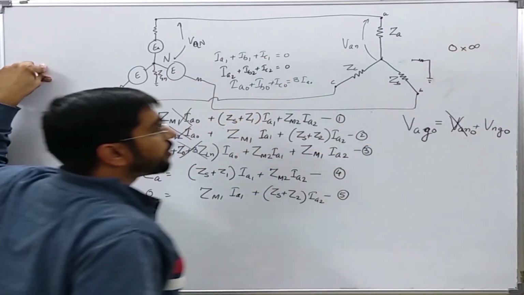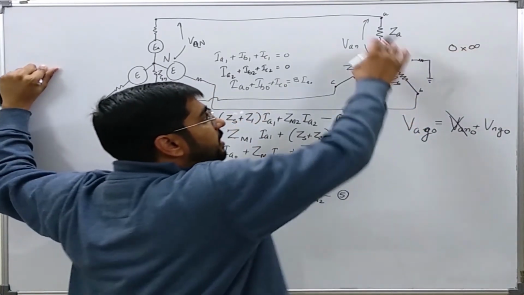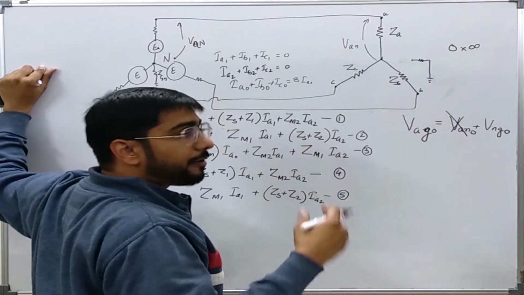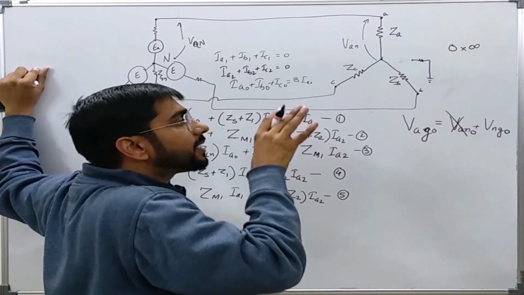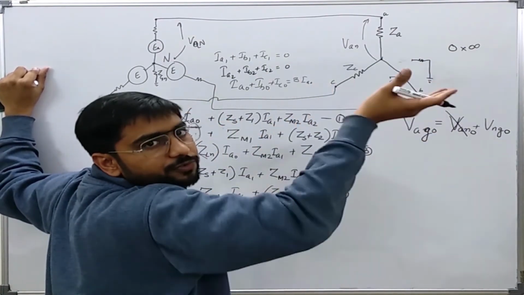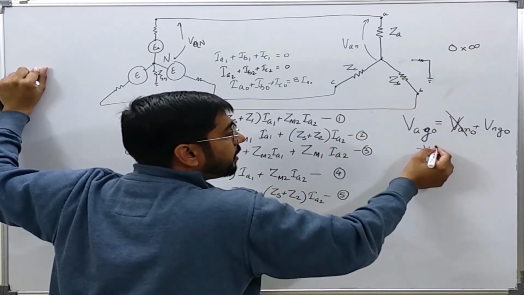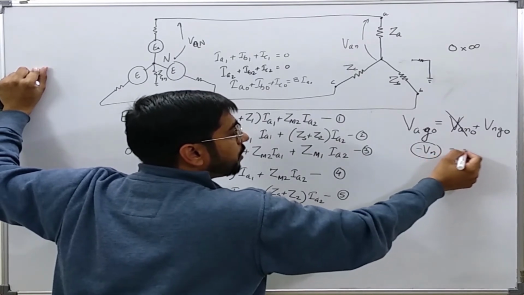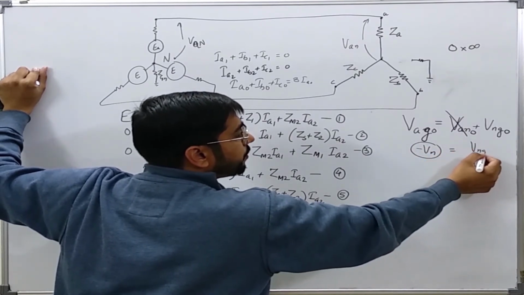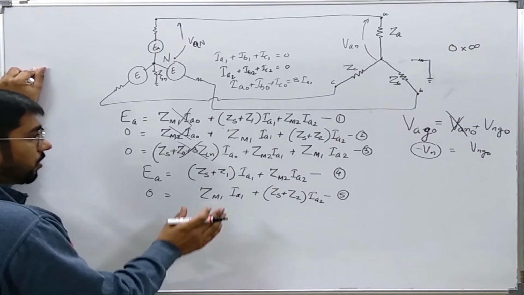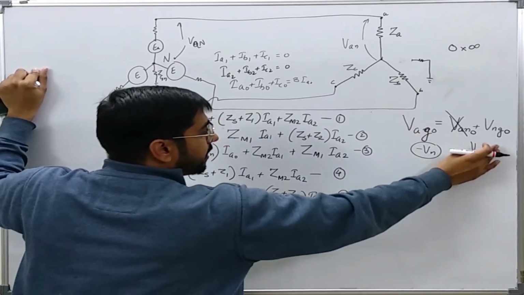It is not able to be determined using this. However, there can be a value. So let us say it is having some value minus Vn. Minus Vn is equal to VNG0. So I will take it this side.